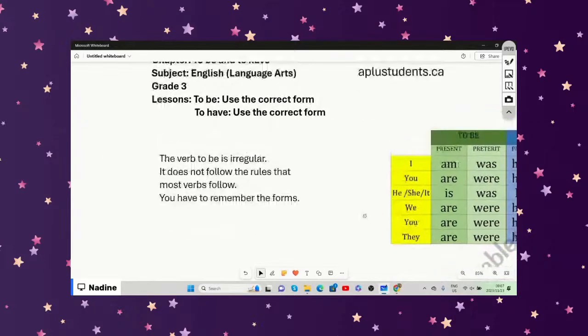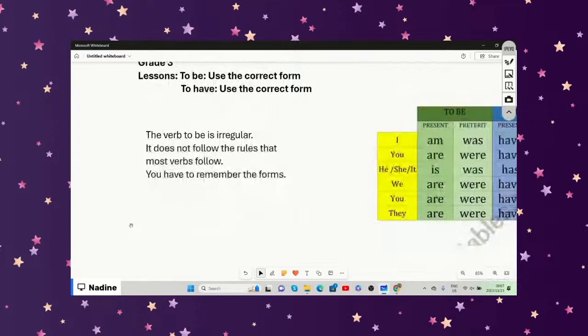All right, so when it comes to be and to have, it's basically to do with verbs. The verb to be is irregular, which means that we don't just follow the normal pattern of the verb, like something ending in ed.